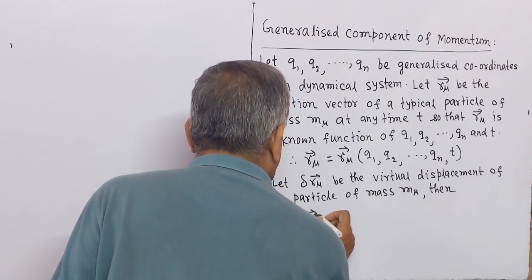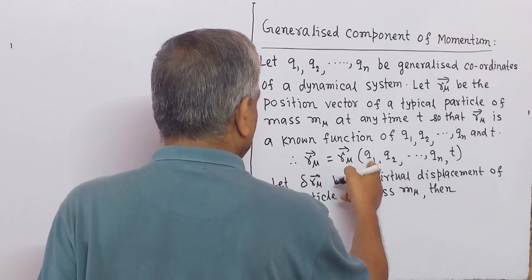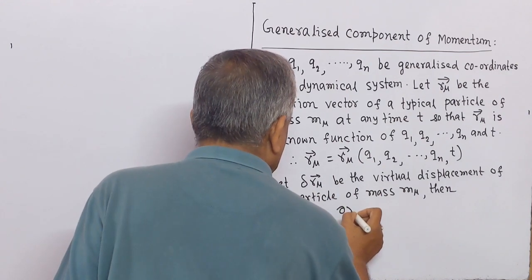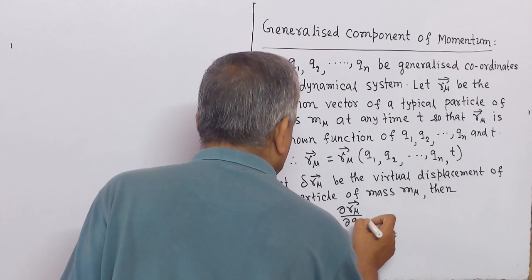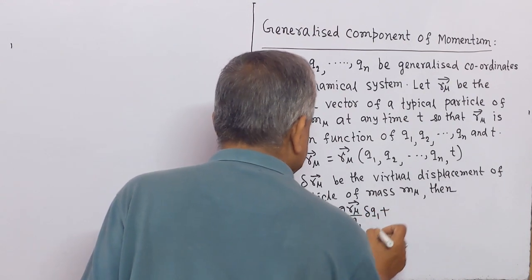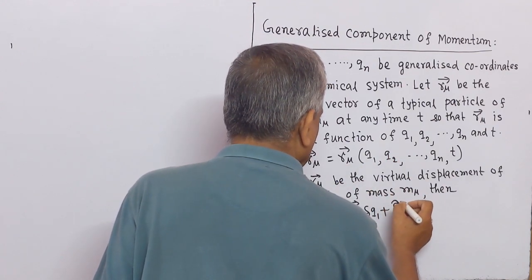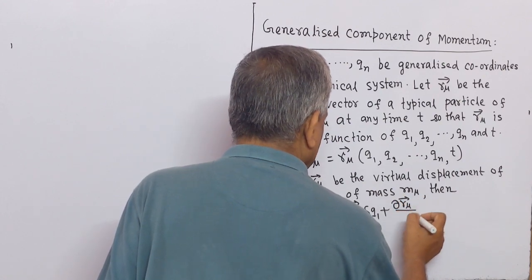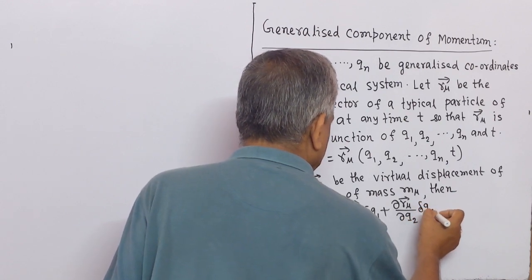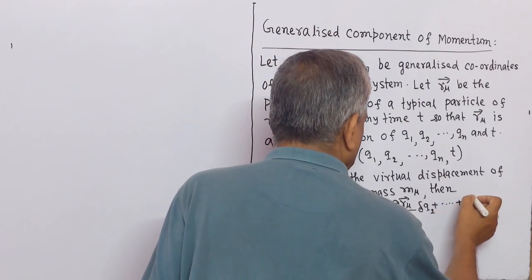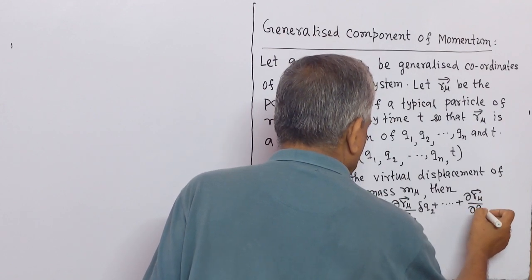delta r_mu vector equals, firstly we differentiate r_mu vector with respect to q1: partial derivative of r_mu vector with respect to q1 times delta q1, plus, now differentiate r_mu vector partially with respect to q2: partial derivative of r_mu with respect to q2 times delta q2, plus ... partial derivative of r_mu vector with respect to qn.